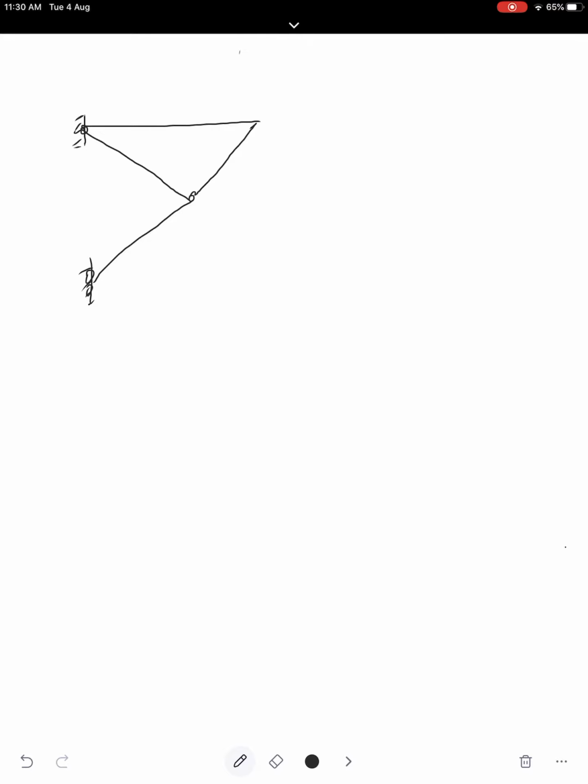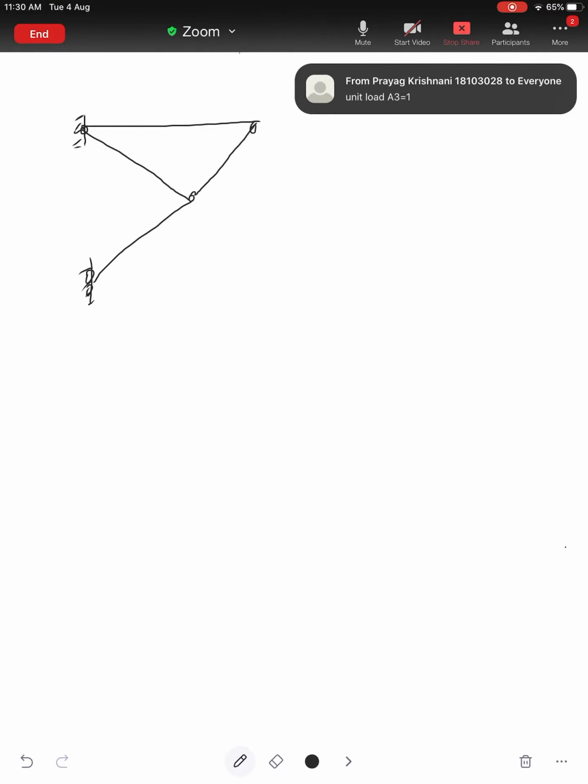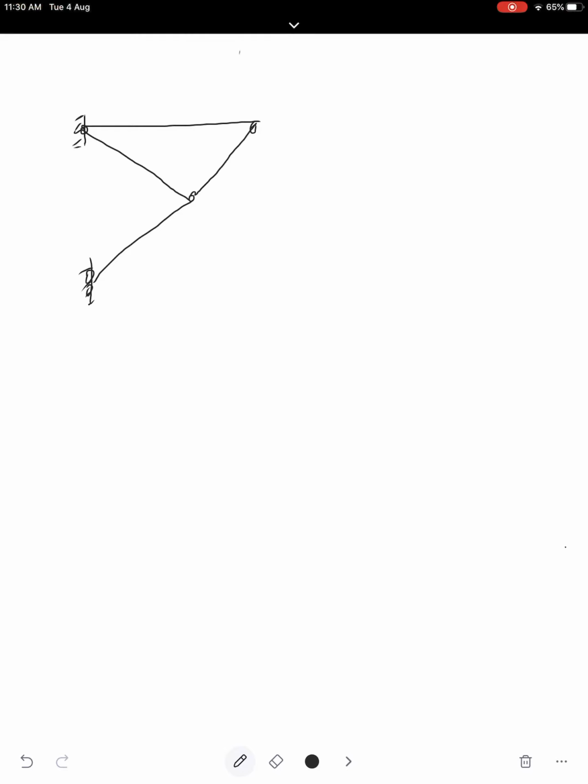See, we have obtained, yes, very good. One student has answered that we want to apply now A3 is equal to 1. So we will apply A3 is equal to unit load to get the flexibility coefficients everywhere else.